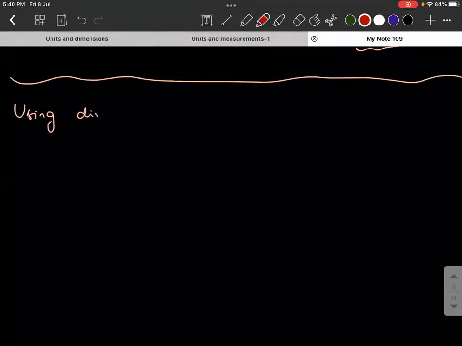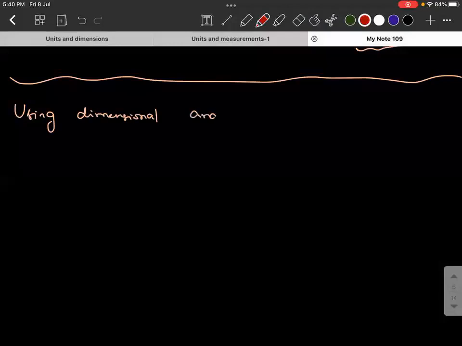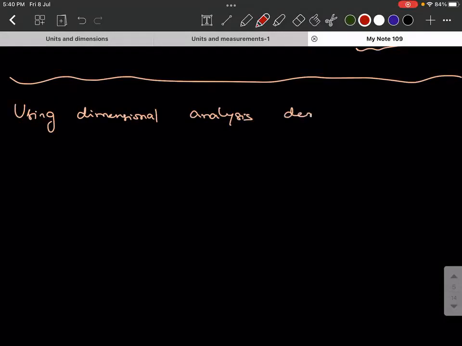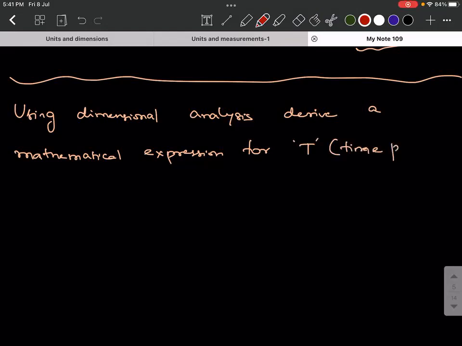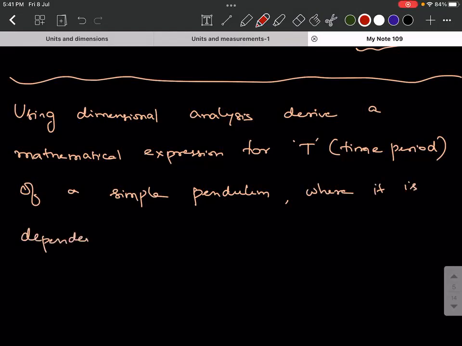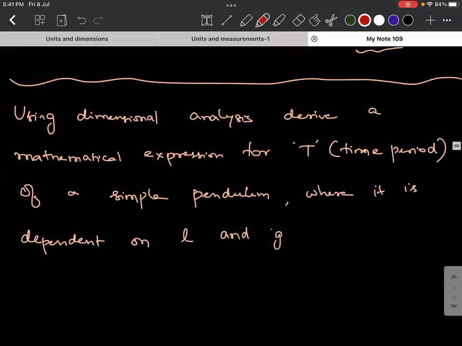Using dimensional analysis, derive a mathematical expression for T, that is the time period of a simple pendulum, where it is dependent on length and acceleration due to gravity.